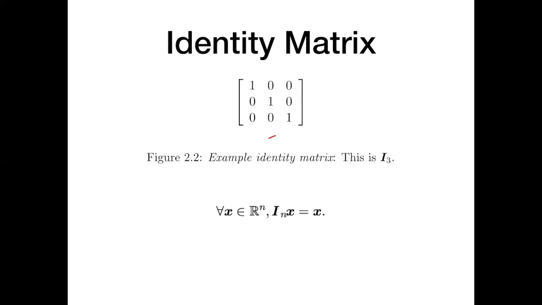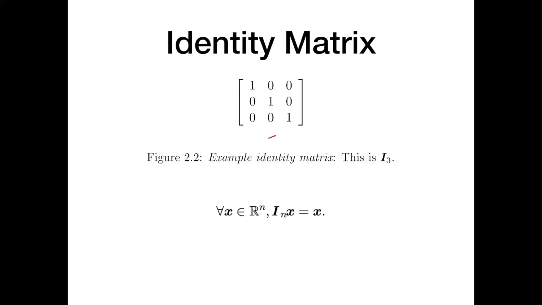We usually use I to denote an identity matrix, and an identity matrix must be a square matrix. So we use I3 to denote this identity matrix. In general, if the shape of the identity matrix is n times n, we can denote it as In.